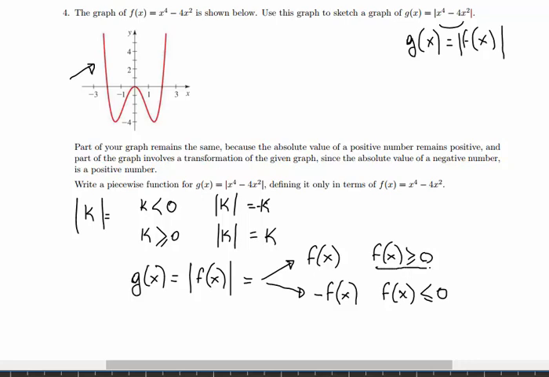Okay, let's go now to our graph. What does it mean that the f of x is positive? It means that we consider all those points on our curve that are above the x-axis, because everything above the x-axis will have positive y coordinates.